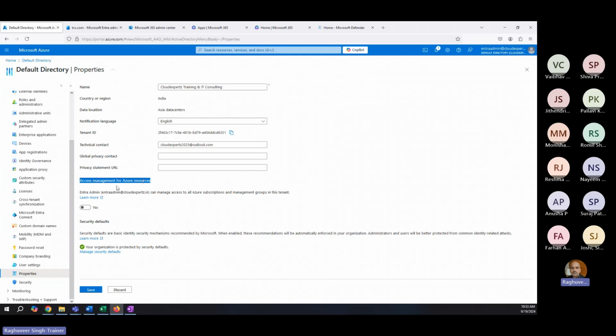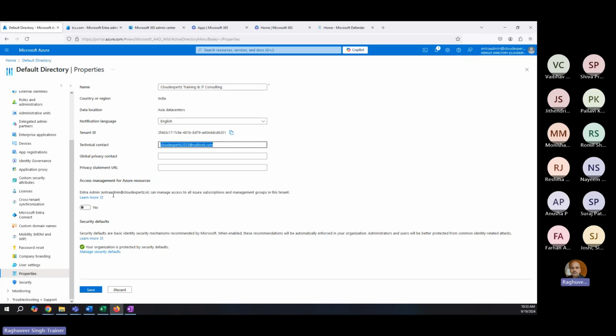It says Entra admin. This is the user with which I'm logged in right now, which is my global admin user. This happens to be a member user in my tenant. Entra admin username can manage access to all Azure subscriptions and management groups in this tenant. It says no. Because of this setting, my access is not similar to the access that this person enjoys.